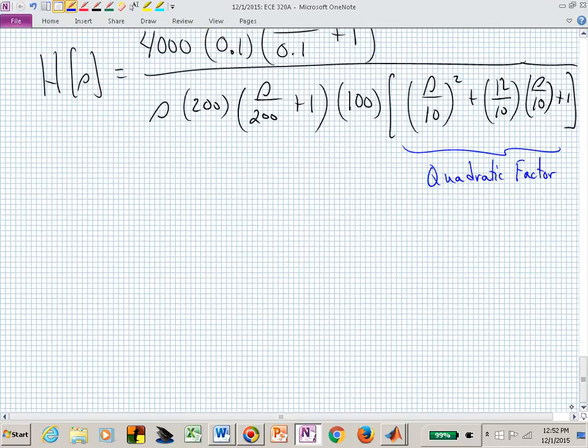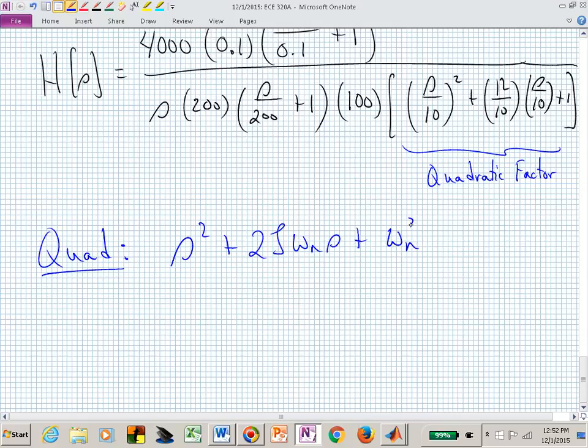If we look at the quadratic factor, in the standard form we said we could write it as s squared plus 2 zeta omega sub n s plus omega sub n squared.